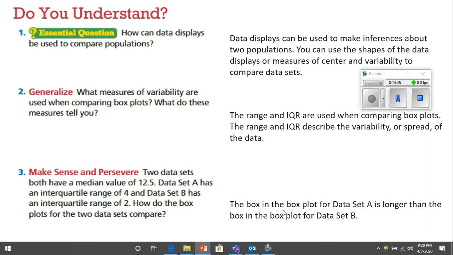Well, the box plot for data set A is longer than the box in the box plot for data set B. Remember, data set A has a median value of 12.5 and an interquartile range of 4. Data set B's interquartile range is only 2. That means there was a bigger spread for data set A than there was for B.